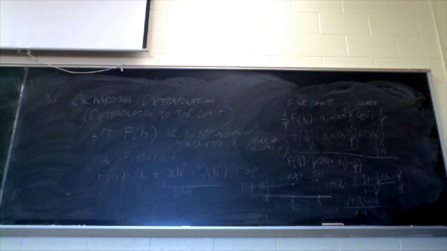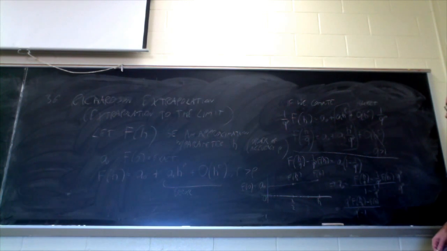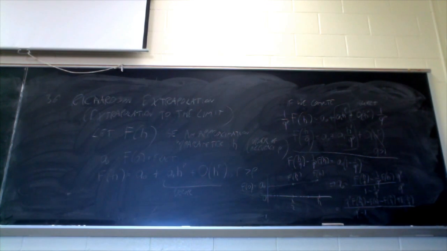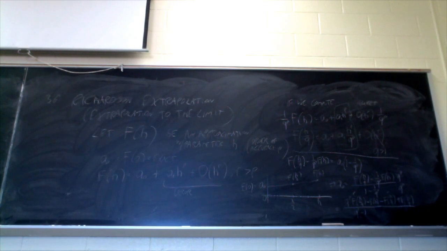Now, I could stop there, but I want to write it in a slightly different way, with a little add-subtract trick. Here I have q to the p times this, here I have q to the p minus 1 times this. My board use is about to be kind of weird, but if I subtract f of h over q and then add it back in, I can take this term and this term and group those together.